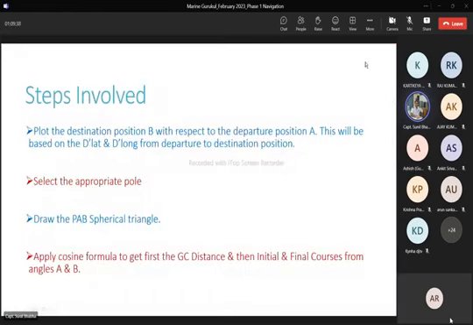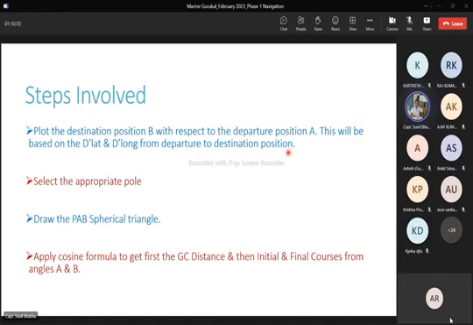Before proceeding further, let's have a recap of the steps which we discussed in solving a great circle sailing question. Now the first step involves plotting the destination position Bravo with respect to the initial position or the departure position Alpha. This will be based on the difference of latitude and the difference of longitude from the initial position to the final position.